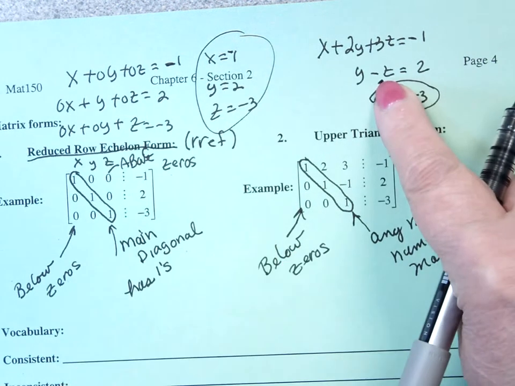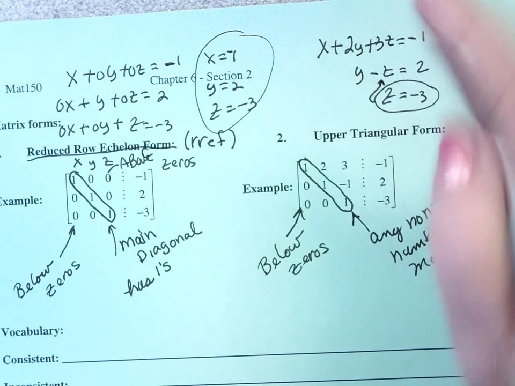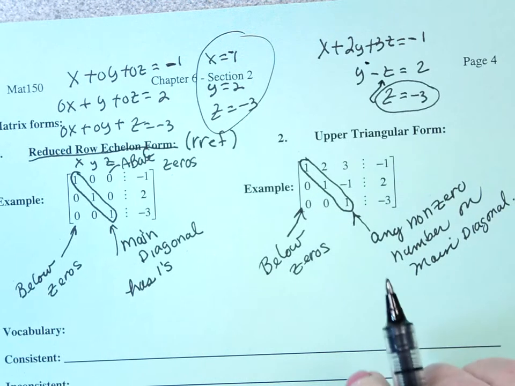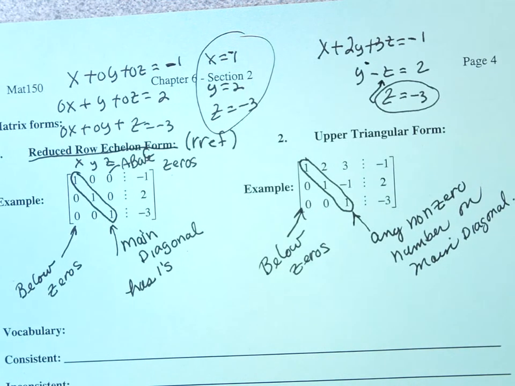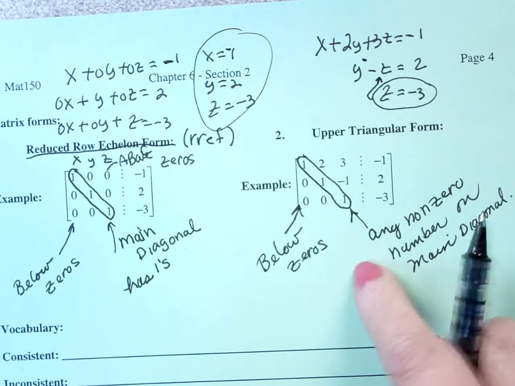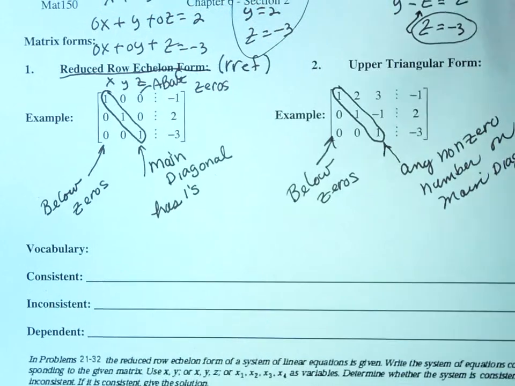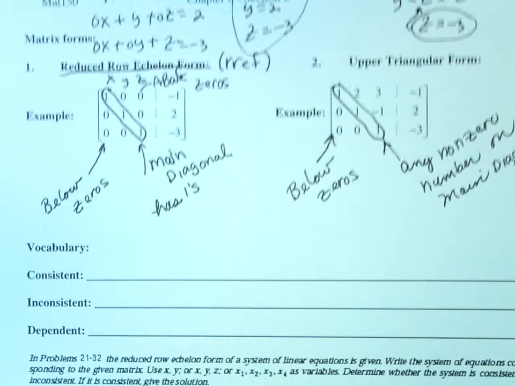Because I know what z is, I can find y. Once I find y, I can work back up because I know what y and z are. I can find x. I can't read it off, but I can solve for x, y, and z really quickly. So we're going to be focused on using upper triangular form, because that most quickly gets us to the answers if we're working this stuff by hand.